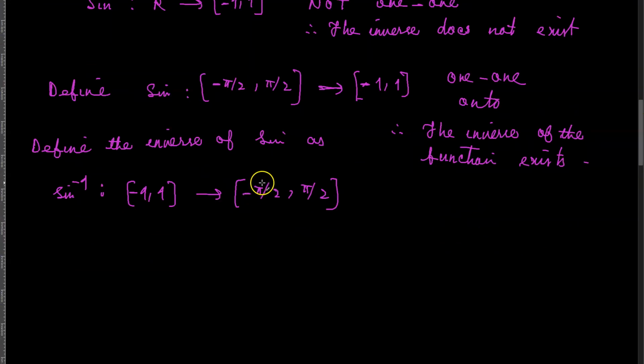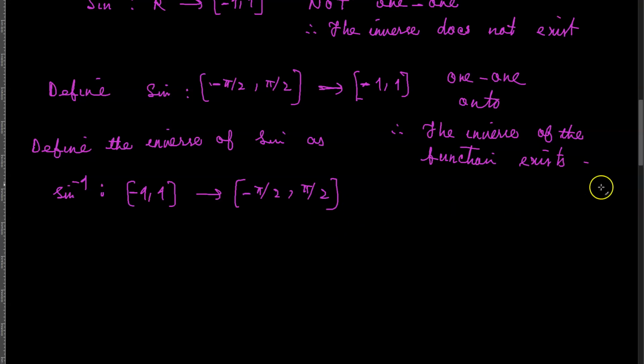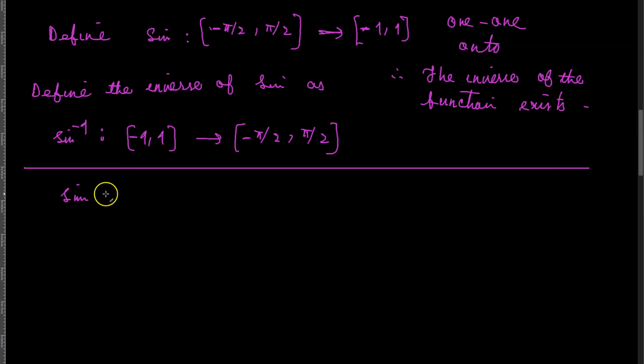and there is something important to note here, meaning that, for example, just as I defined the sine function from negative pi by 2 to pi by 2 to negative 1 to 1, I could have defined the function as, for example, something like pi by 2 to 3 pi by 2, and still the range of the function would be negative 1 comma 1.